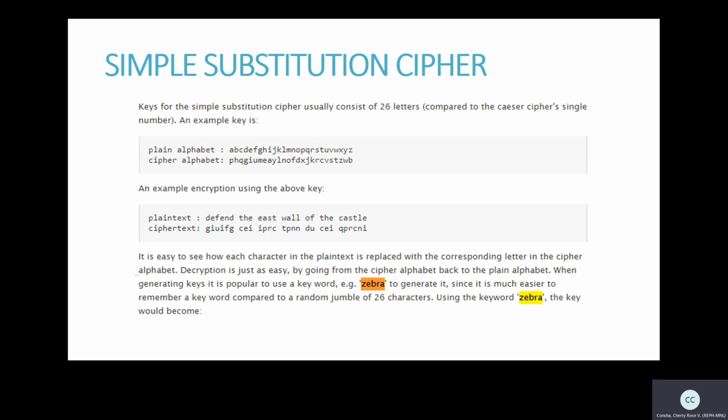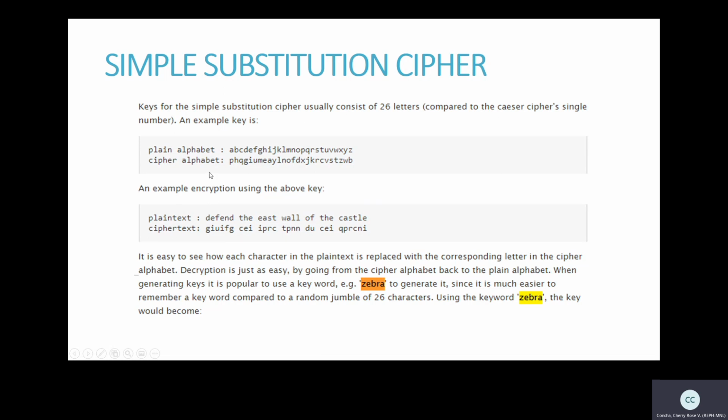So here's a simple substitution cipher. An example for this one is we have a key. An example key is zebra. So our key is zebra.